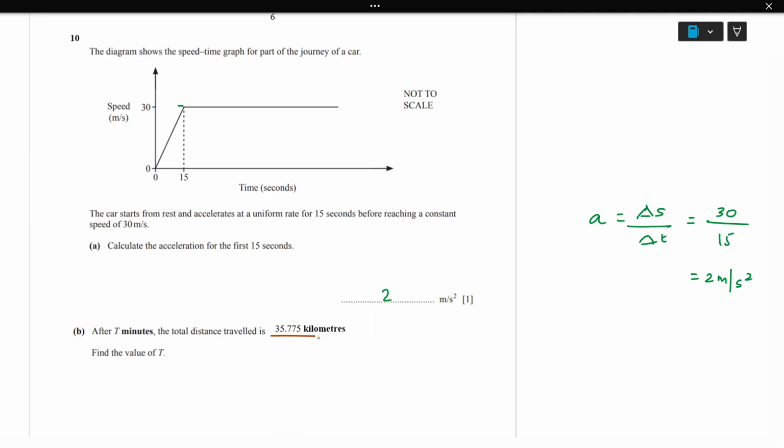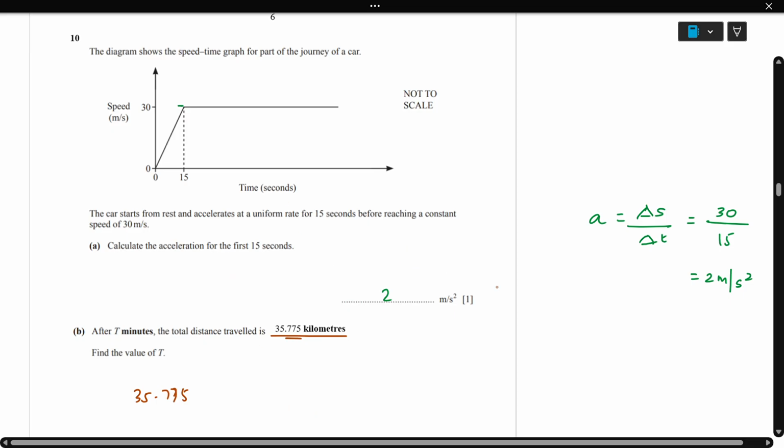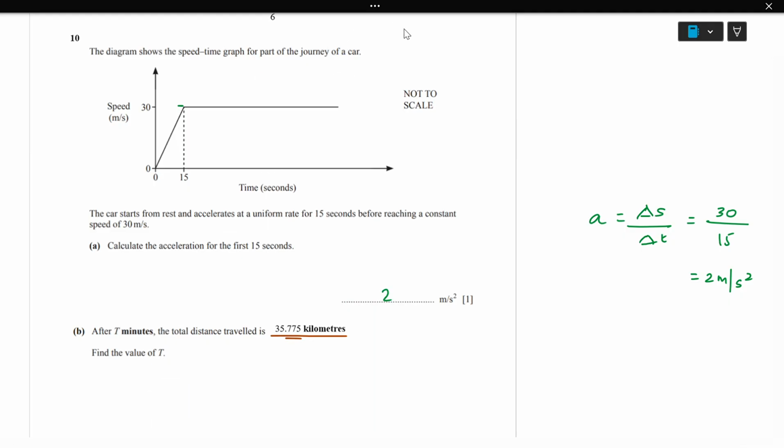The distance traveled is given in kilometers, 35.775 kilometers, but here the speed is in meters, so we need to change kilometers to meters.